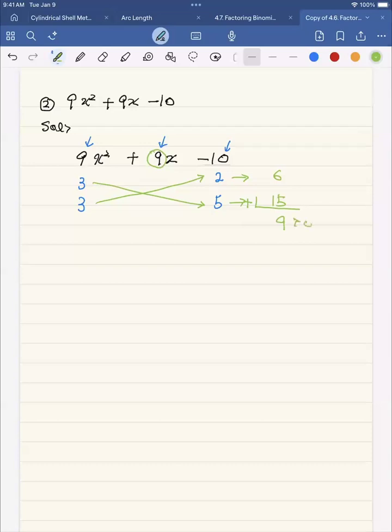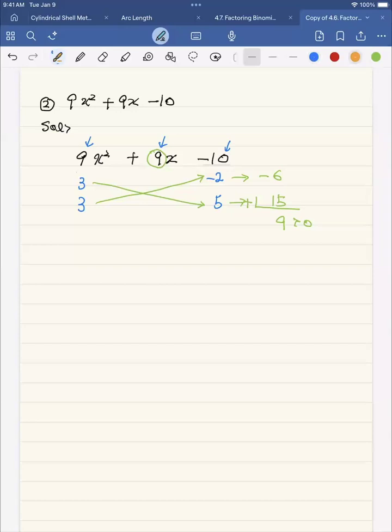9 is a positive number, so we put a minus sign in front of 6. When we write a minus sign in front of 6, we transfer that negative sign to the adjacent number here. So we combine negative 2 and 5 to make negative 10. So negative 2.